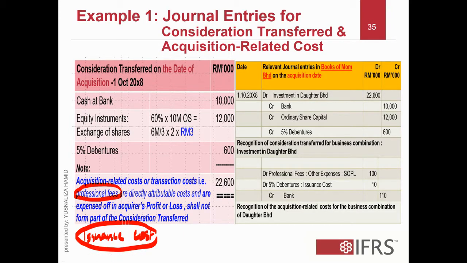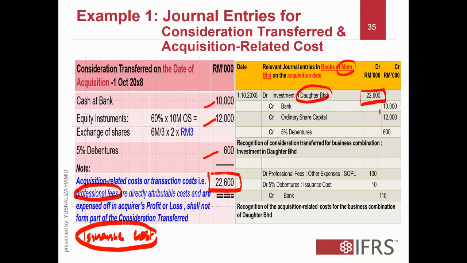If you can see, the total here is 22.6 million. So you need to debit your financial asset, because this is an investment done by mom, which is the acquirer, and daughter is the acquiree. Credit bank with the consideration transferred 10 million, 12 million, and 600,000.